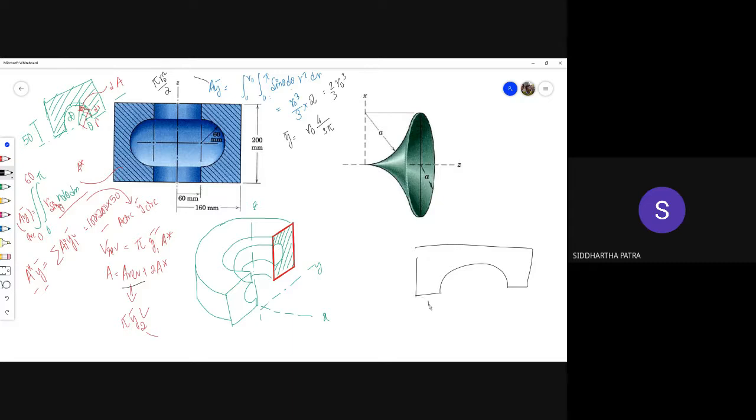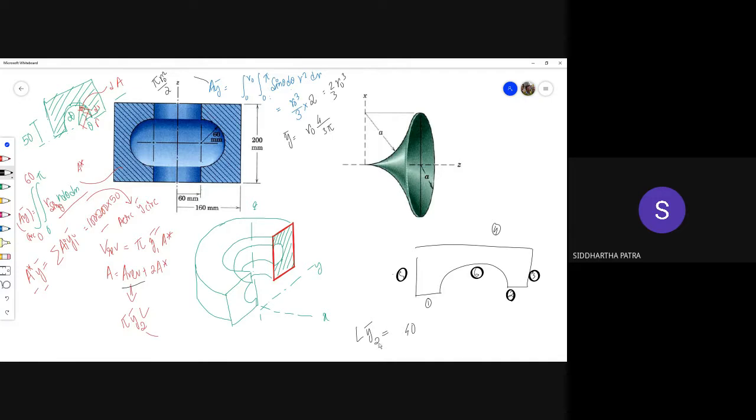There are 1, 2, 3, 4, 5, and finally 6. For 1 and 2, the total length is 40 plus 40, 80. So L times y bar would be 40.